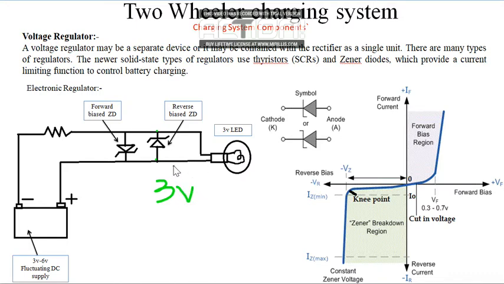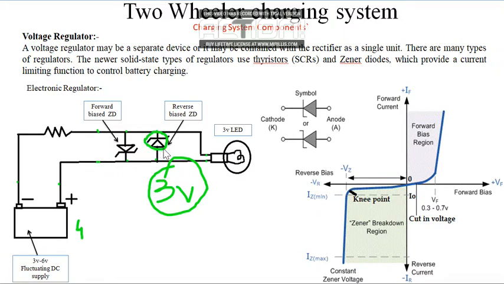That same 3 volt is also applied across this LED, across these 2 points, but not across the 2 points before the resistor. It is 4 volt there, but after the resistor it is 3 volt, equal to the Zener voltage of this reverse bias conducting Zener diode.